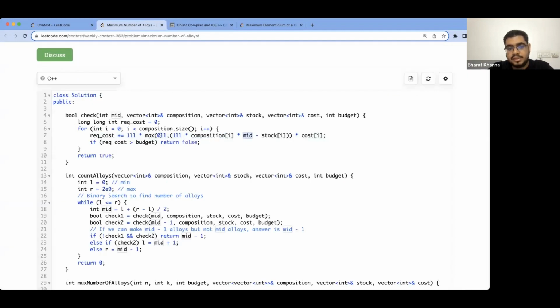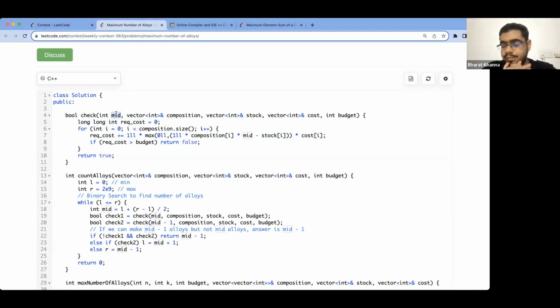So again, max with 0 into cost, and that I have added in this. If ever the required cost increases the budget, it is false. If we can accommodate everything, we return true. So same idea, just written in a slightly different fashion. समझ में आ रहा है क्या? Check function कैसे work कर रहा है? So it is simply checking if we can make this much alloys or not.